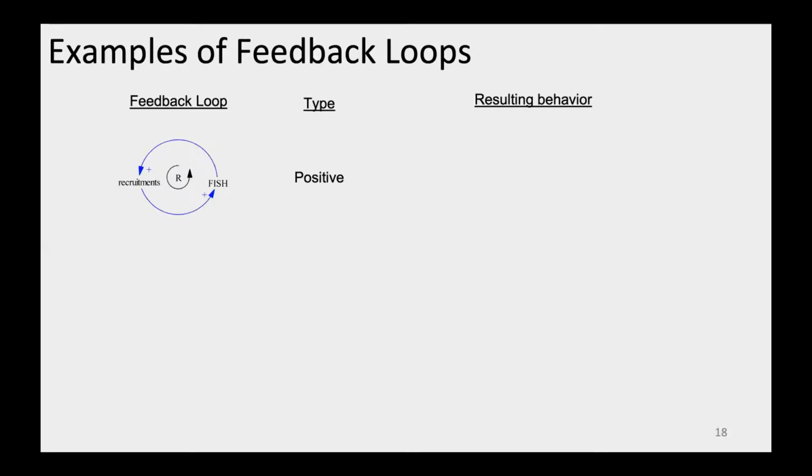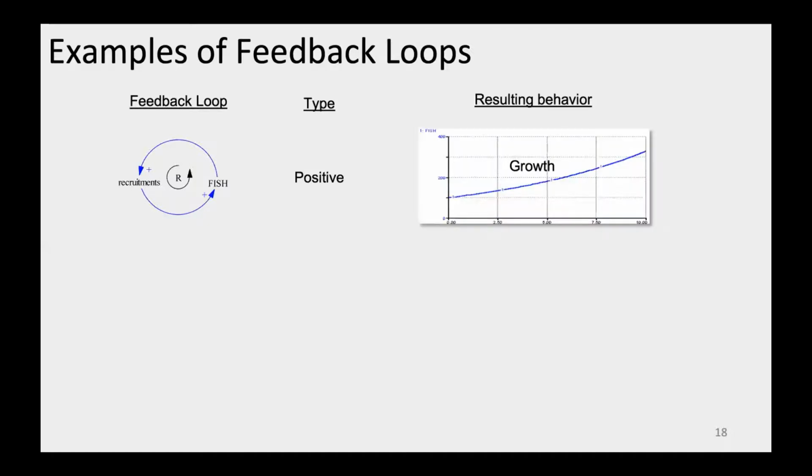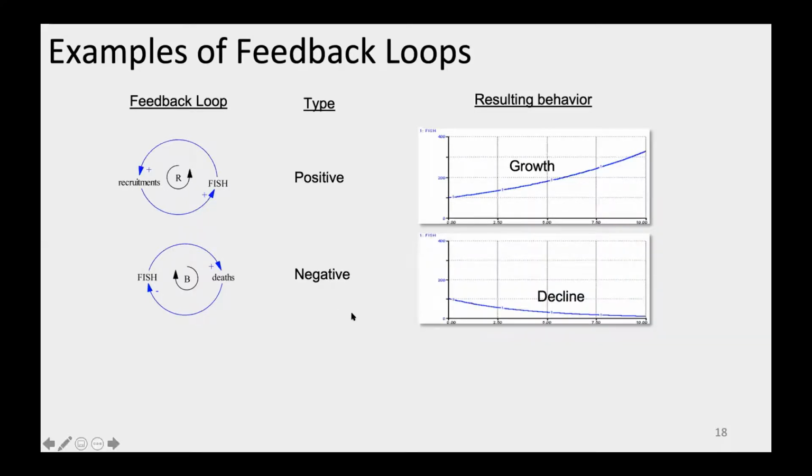This is a positive feedback loop, and it has a growth behavior. So we can link a growth behavior to a positive feedback loop. A negative feedback loop is death. I mean, as we have more fish, we have more death, and we have more death, we have less number of fish. And that's a negative feedback loop. And that results in a decline.